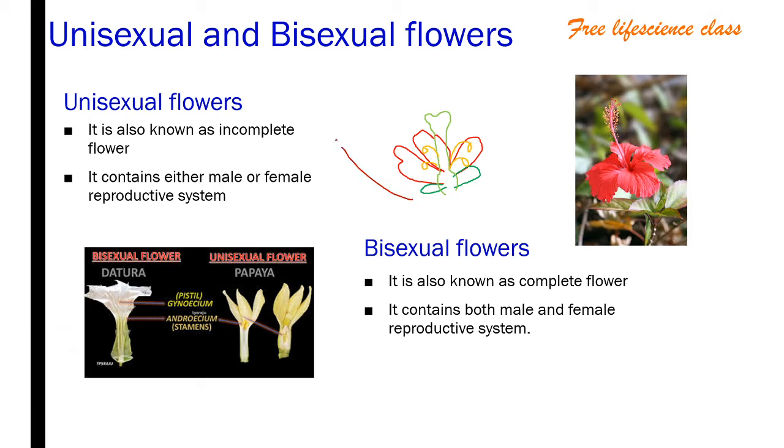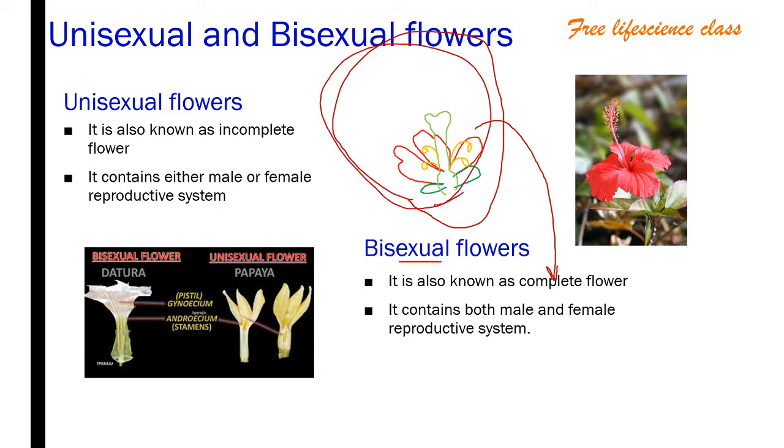So I drew here a picture with all these things. That is, it consists of sepal, petal, female reproductive organ, and male part. Okay, so this type of flower is termed as a complete flower. So bisexual flowers consist of all of these parts.